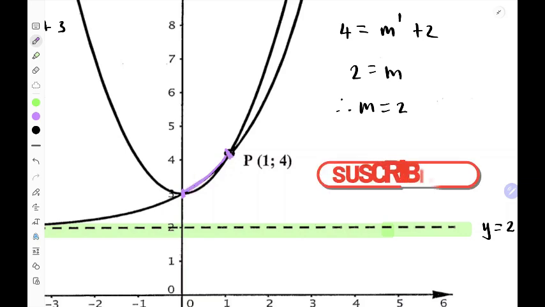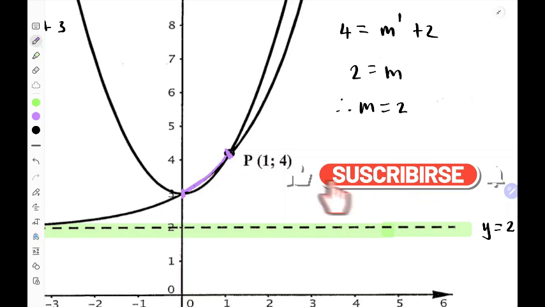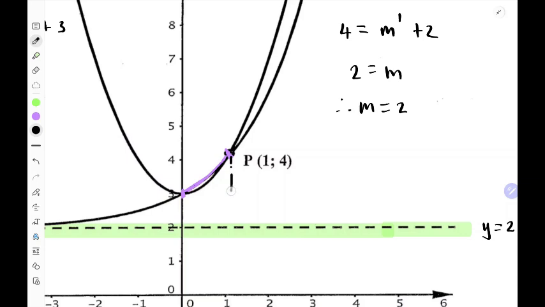So let's see this in terms of x, where this happens. This happens at x equals 1, and for this point here it's 0, so it happens in this region.